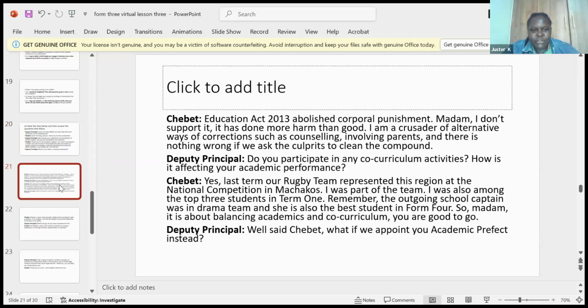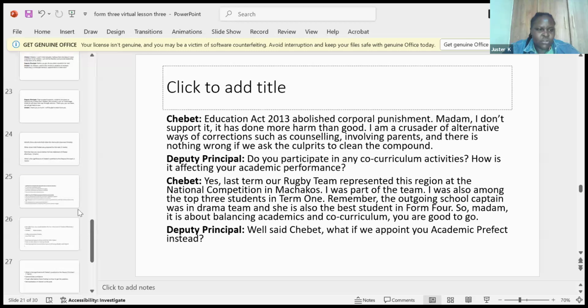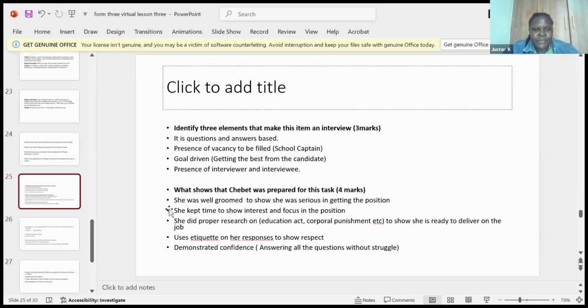The deputy goes ahead to ask, do you participate in co-curricular activities and how is it affecting your academic performance? So they are looking for the best candidate here. So it is goal driven, we can say that. Of course, the interviewee and the interviewer: the interviewee is Chebet, the interviewer is the deputy principal.